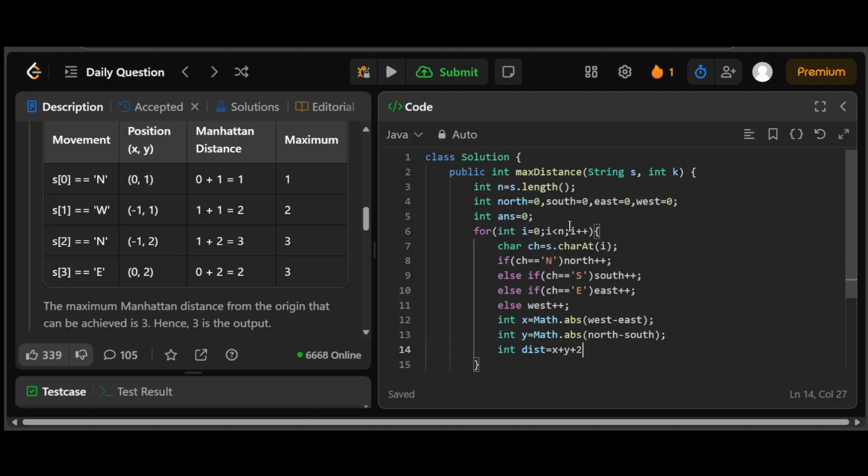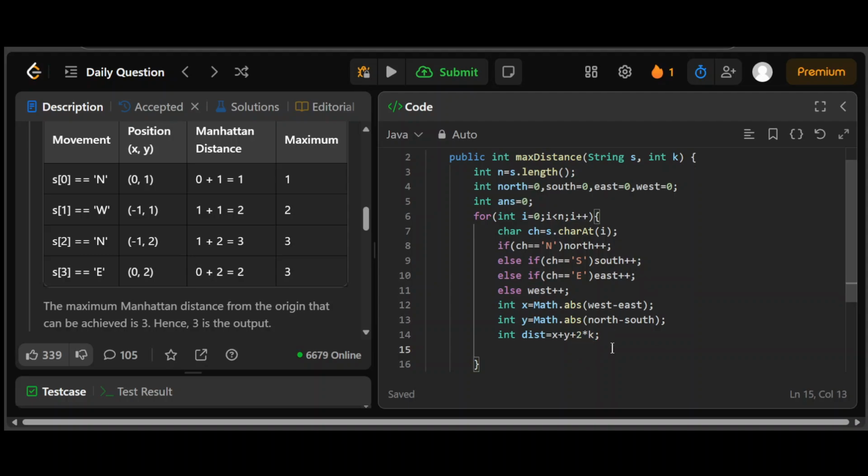Plus, as I said, whatever changes you are making, so this shall be 2 times k, because if you are making at most k changes, the net value shall actually increase by 2 times this k value, right?